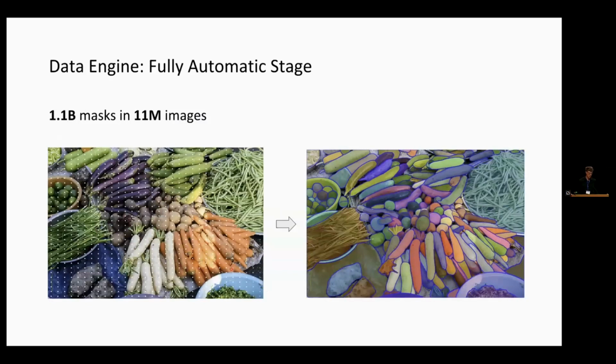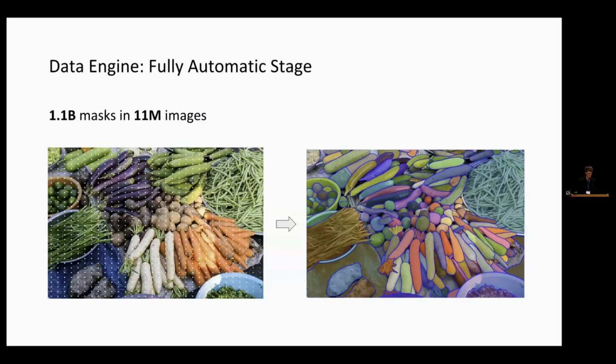After all of this data collection, the model is good enough that for a single input point, it often returns a pretty high quality mask. That means we can now generate all the masks in an image just by sampling a grid of input points across the entire image. Because the model runs very fast per input, this can be done efficiently. Per image, we were generating something like 3,000 or 4,000 masks, I believe.